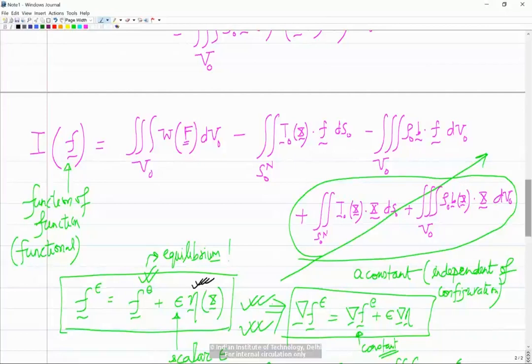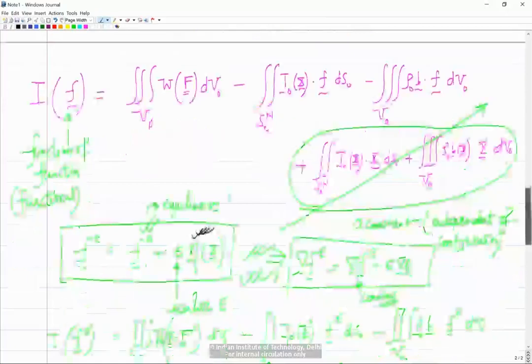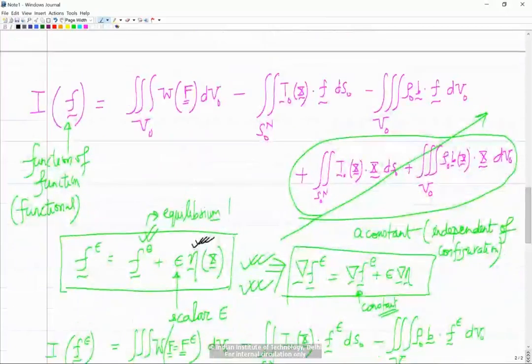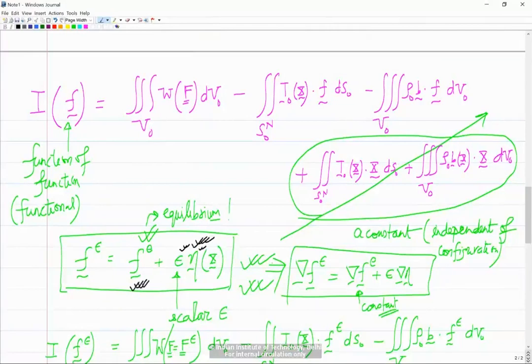For example, if the body is clamped on some part of the boundary, then when you change the function through epsilon and eta, because Fe, the equilibrium F, must be satisfying that boundary condition, this eta must vanish on that boundary.